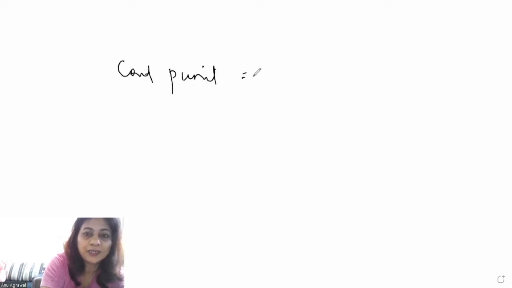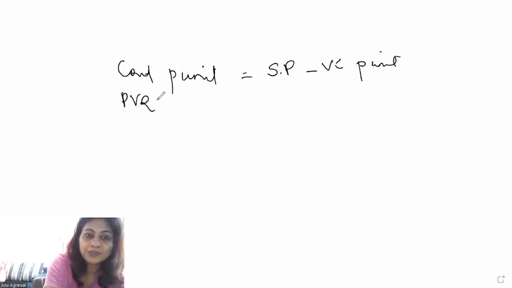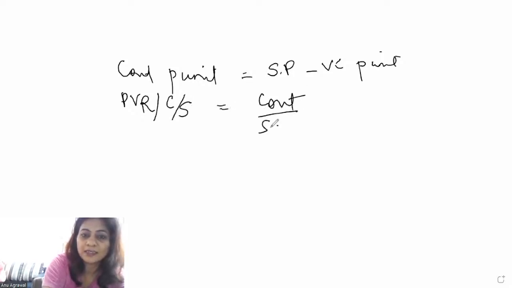Contribution per unit is, of course, selling price minus variable cost per unit. We have understood the concept of profit volume ratio, or contribution to sales ratio. It is nothing but contribution divided by sales into 100.